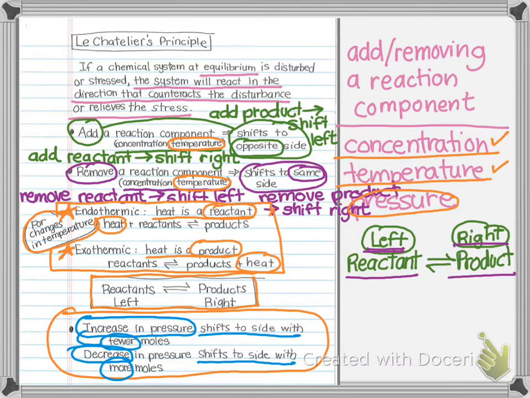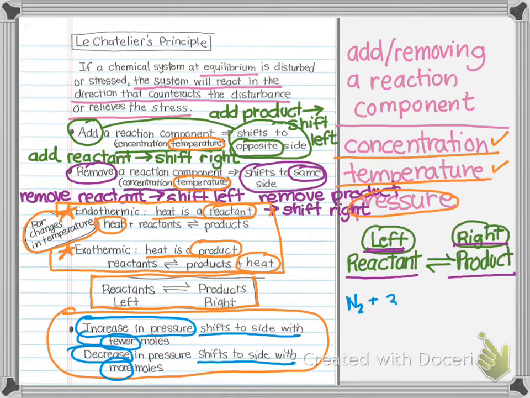When we're dealing with reactions that have gases, we can use the coefficients to help us figure out the number of moles. So for example, I'm going to write an equation, and these are all in the gaseous state.